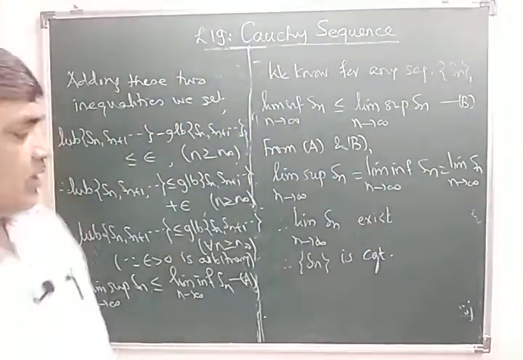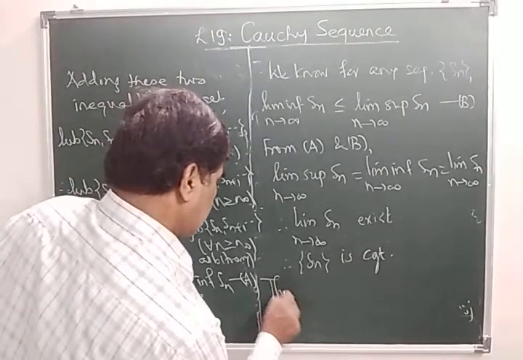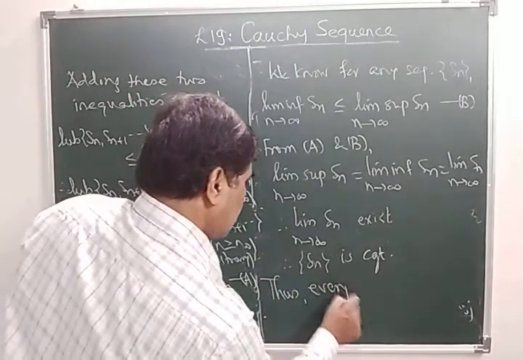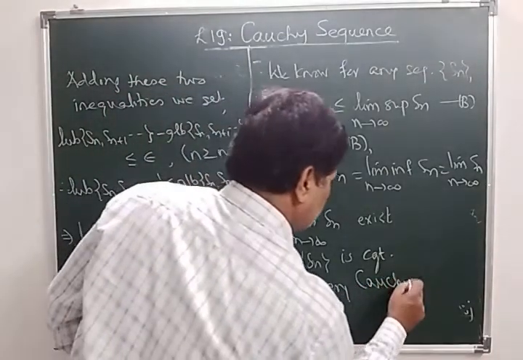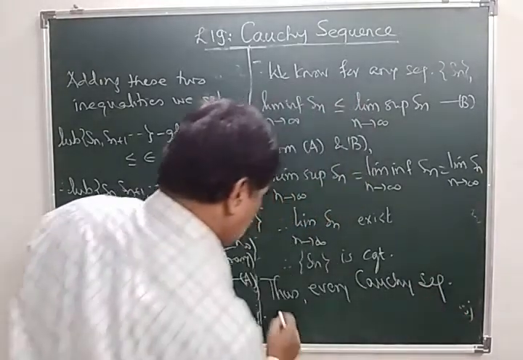Thus every Cauchy sequence is convergent. Every Cauchy sequence is convergent.